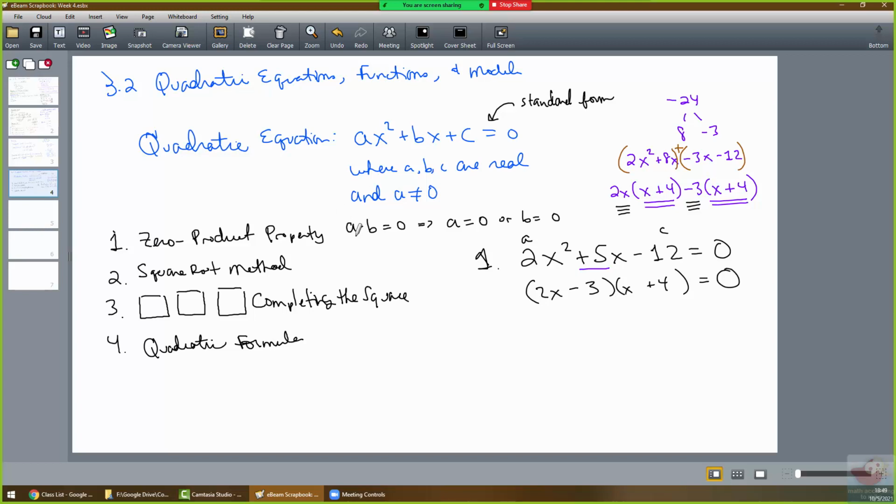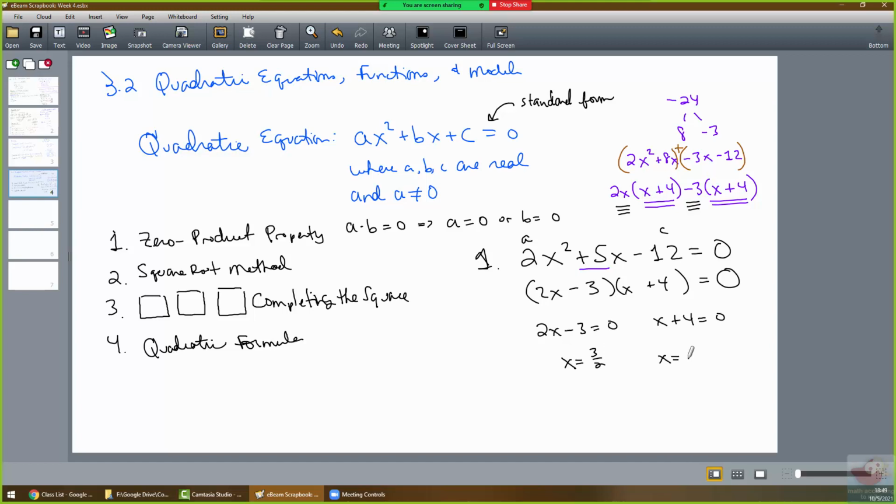Well, you have a product of two things that give you 0. Then that means either one could be 0. So the first one, we would add 3, divide by 2. We would get 3 halves. Second one, we would subtract 4.